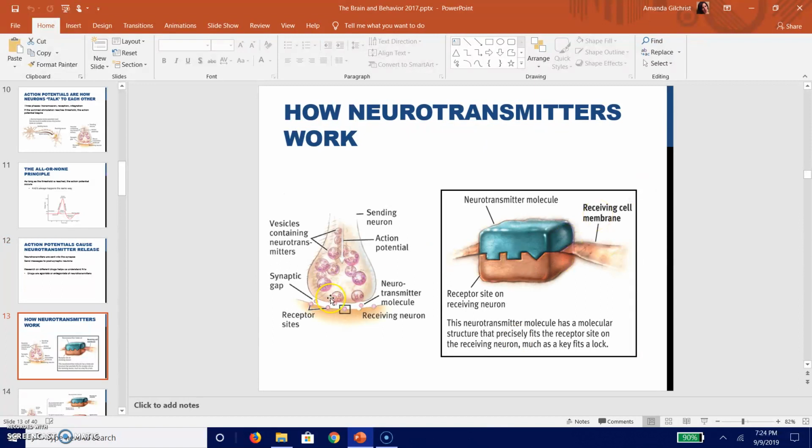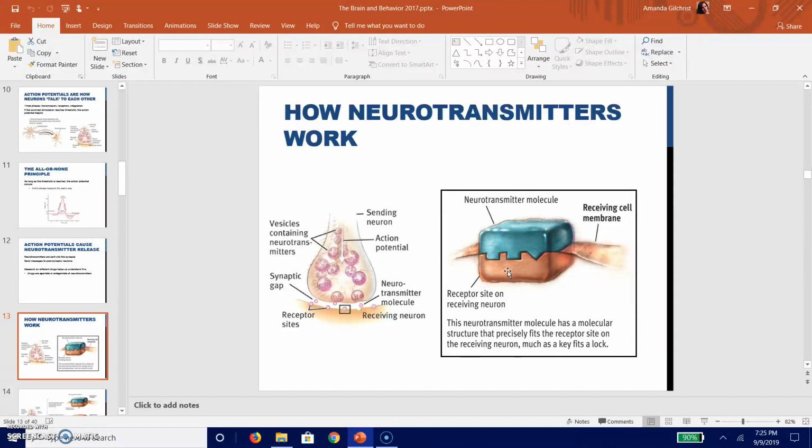So here's how they work. Let's go back to that image that I showed you before. In this particular case, we're going to magnify this particular area right here. This is an instance where a neurotransmitter has been sent into the synaptic gap and it's making contact with what is called a receptor or a receptor site. And what you're going to notice is that this particular neurotransmitter fits the receptor site perfectly.